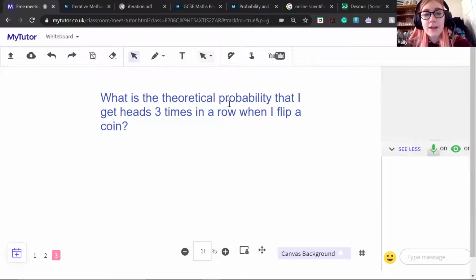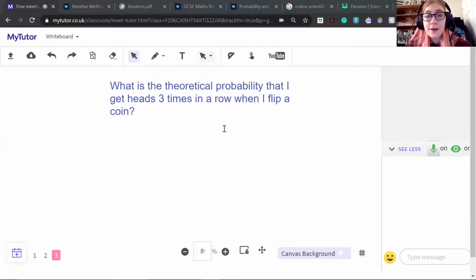So does anybody have any ideas for what this is? A couple of people have got the right answer. Some other people are having some good guesses as well, which I understand where they're coming from.